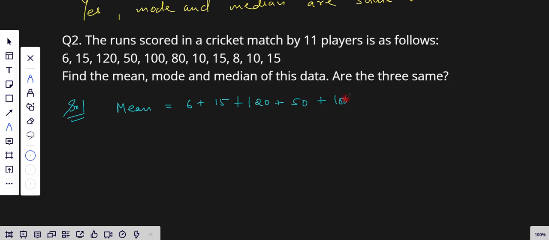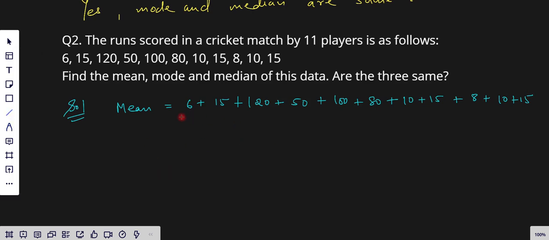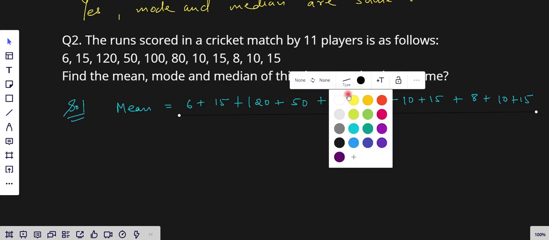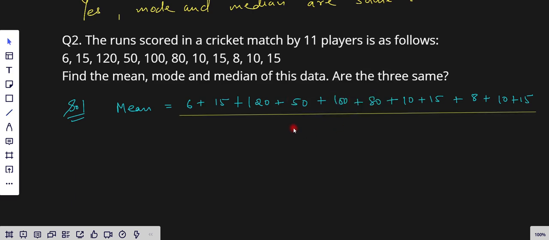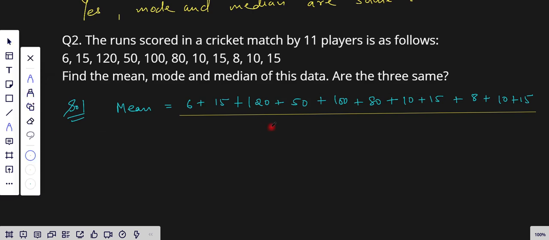So 100 plus 80 plus 10 plus 15 plus 8 plus 10 plus 15, divided by the number of observations, which is 11.